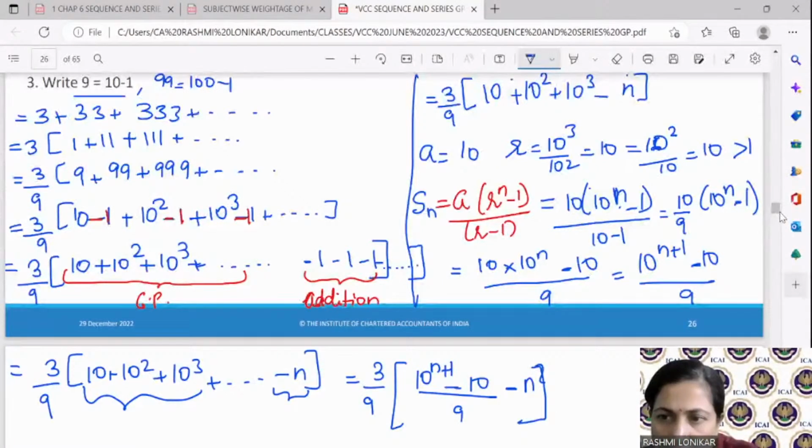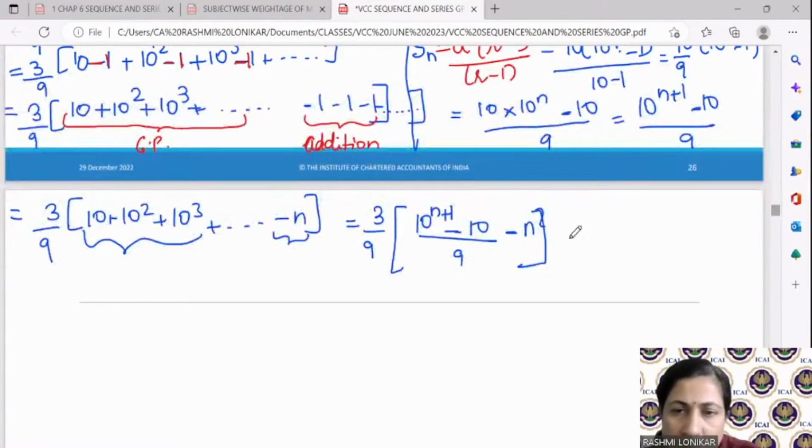So now I have, this is equal to this 9. Here the LCM is 1. So 9 and 1, I take the LCM as 9. So 3 upon 9 into 9. This 9 also I take outside the bracket.